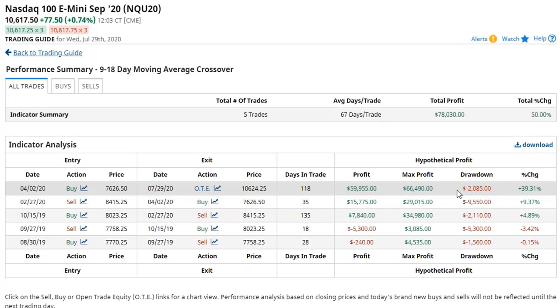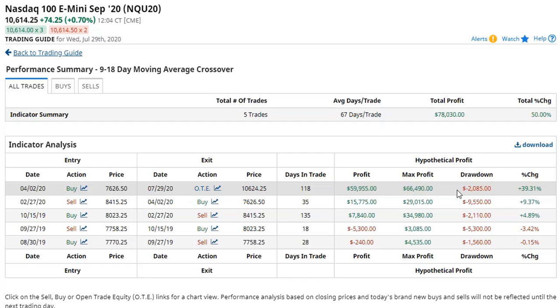Many times when we get into a trade, we might see a correction in the market where price will return a little bit lower, and that might create a potential loss. But here we can see the drawdown, this one was about $2,000. And this is going to be important for us when we do our risk assessments further on.